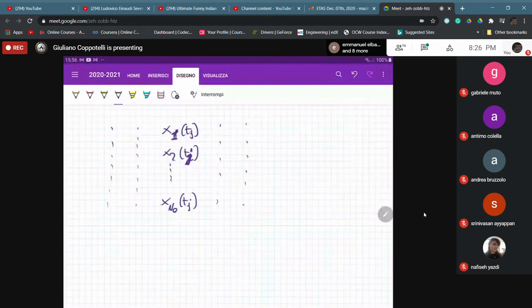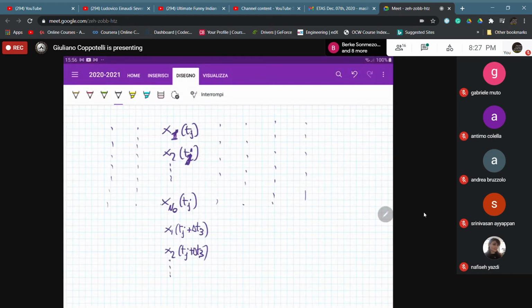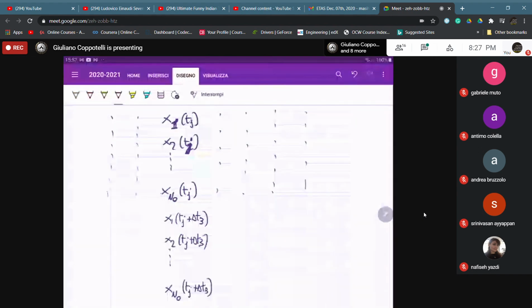Then we add some other fictitious points, okay, for example, X1 of Tj plus delta T3, X2 of Tj plus delta T3, up to the last one, that could be Xno of Tj plus delta T3. And then we have all the others once again.